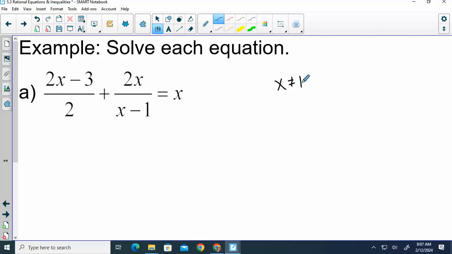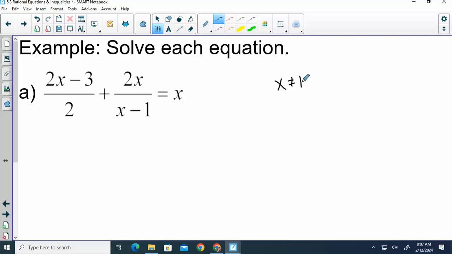X cannot be 1 at the very end, because if my x is 1, the denominator turns into 0, and that would be, what is that on the graph if the denominator is 0? Vertical asymptote. So it's a vertical asymptote on my graph.